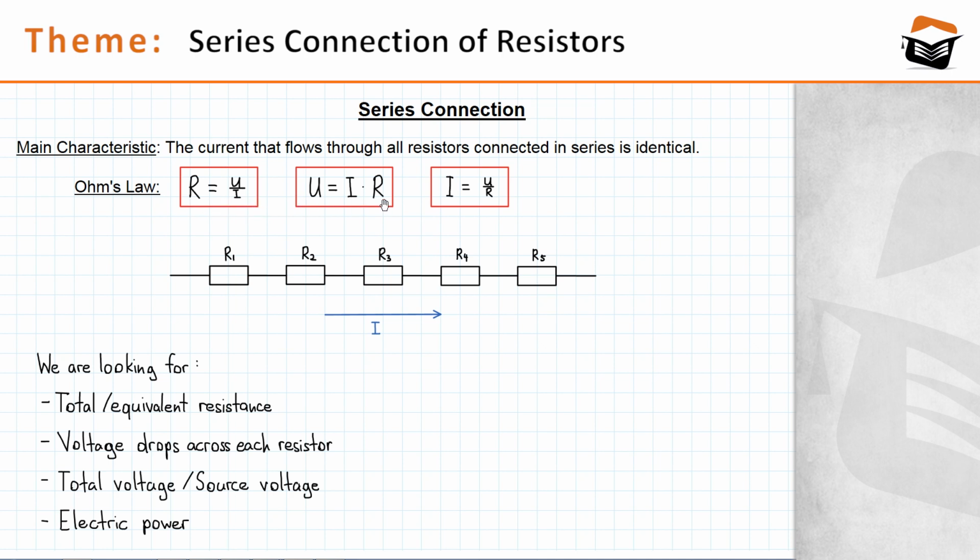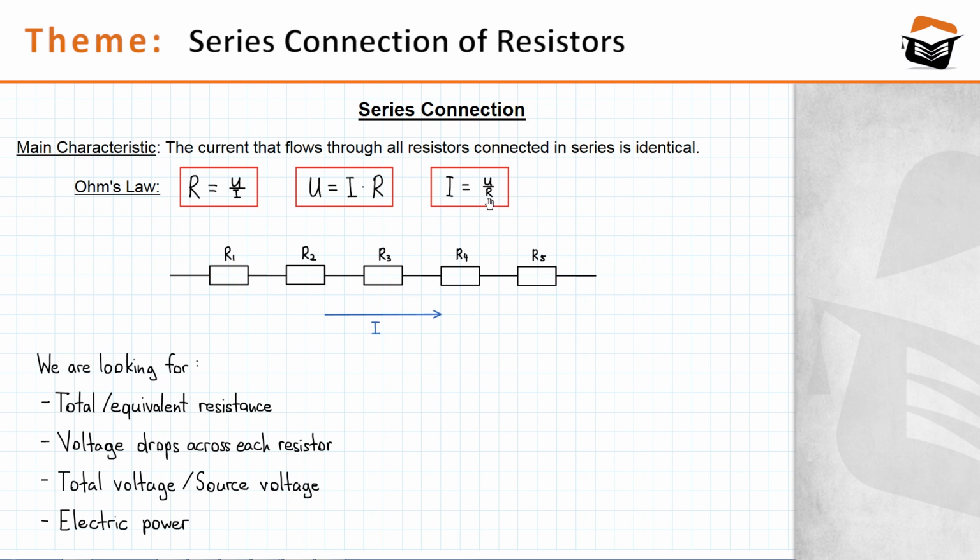This one, for example, states that the voltage drop across a resistor, meaning the voltage that you can measure across the resistor, is equal to the current times the resistance. And if you want to calculate the current of a resistor, you can divide the voltage drop across the resistor by the resistance.